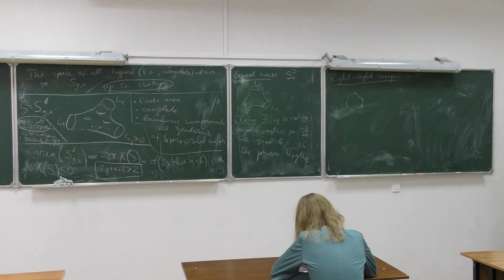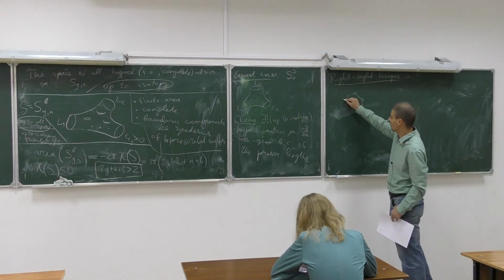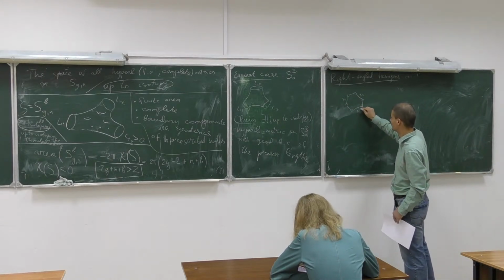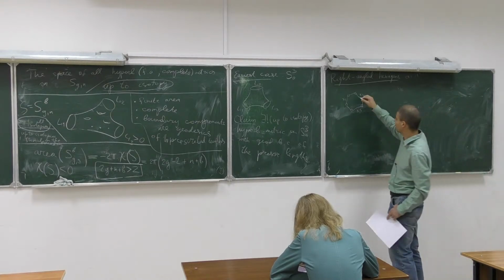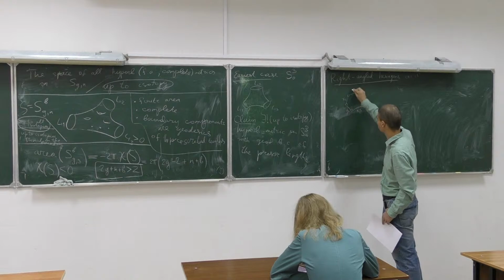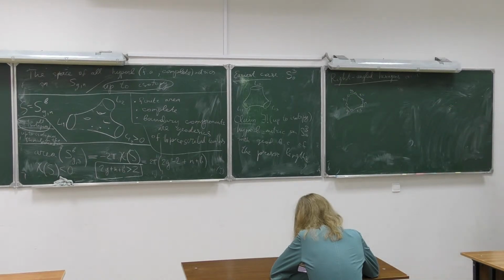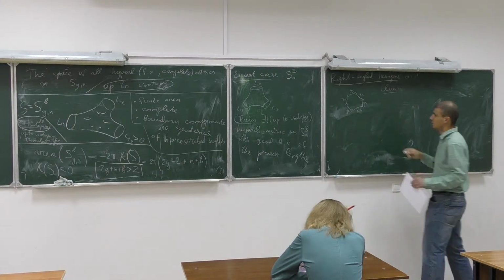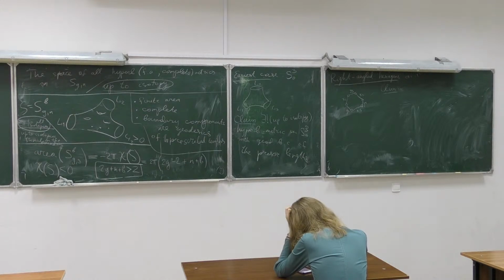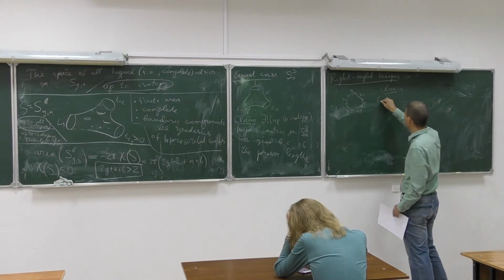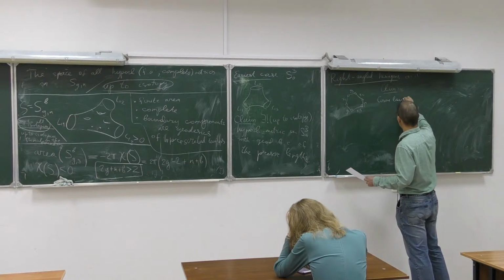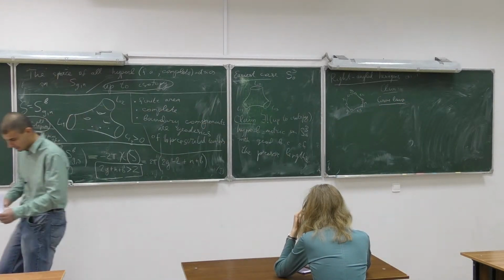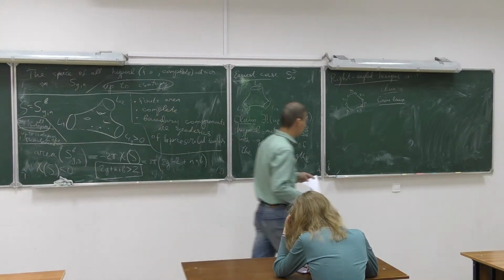So once we have such a hexagon, we have its edge lengths, which I conveniently denote in such order: x1, x2, x3, and y1, y2, y3. And the claim is that for these x's and y's we have the cosine law and the sine law. Cosine law: I always forget signs, so it's better to look.